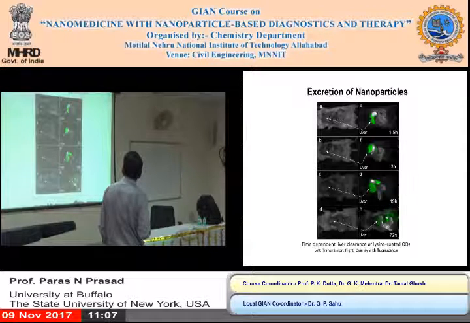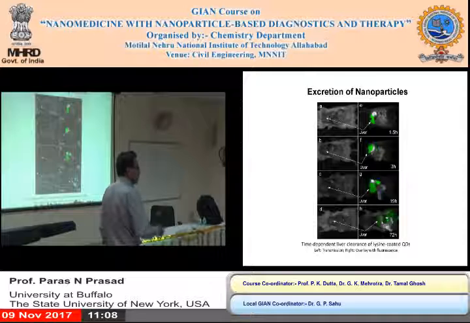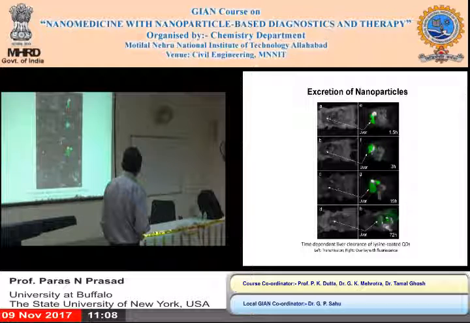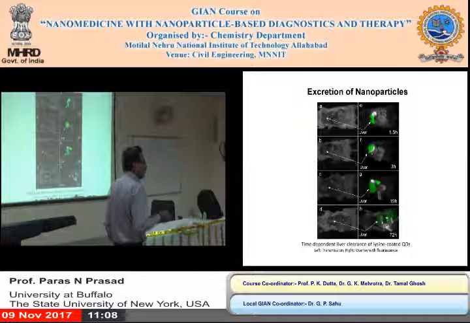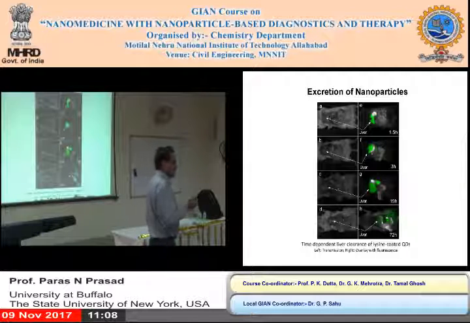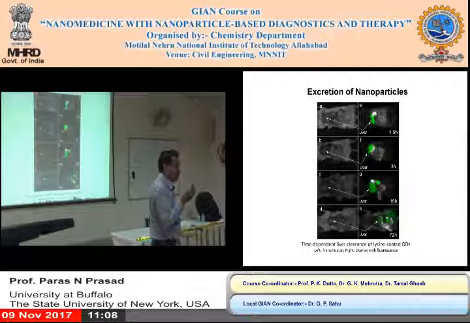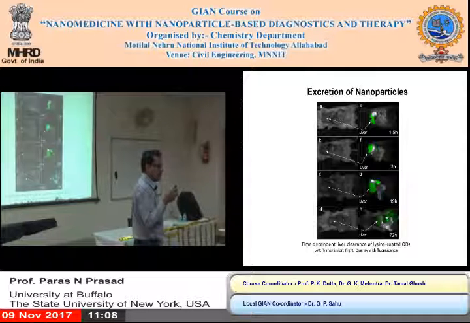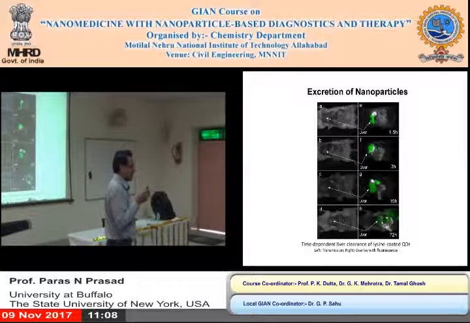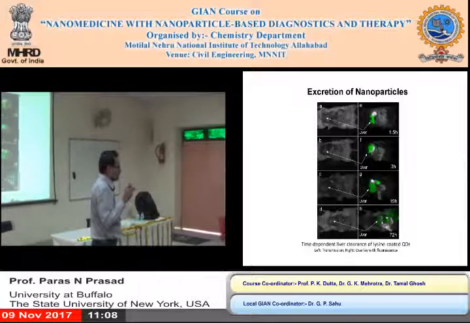And then in the course of time, 72 hours, you see that the emission has faded away. So it's excreted from that organ, it is gone. Similarly, we can look at the whole animal and see whether any part of the body lights up or not. If it doesn't light up, that means this nanoformulation is gone.